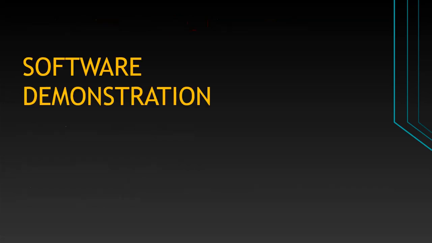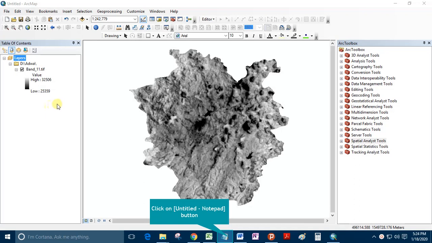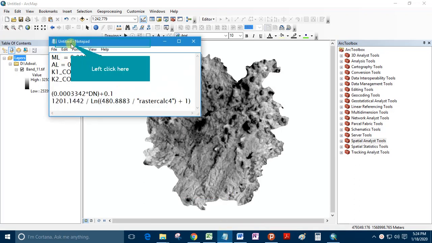Software demonstration. Add band number 11 of Landsat 8. Rescaling values are noted here.